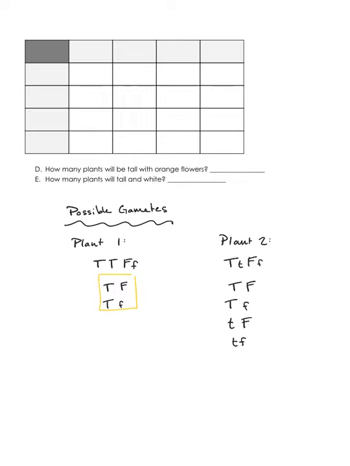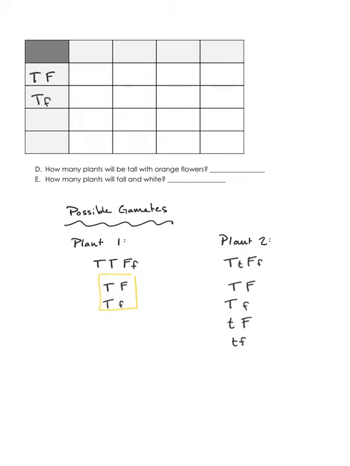And then the other parent is heterozygous for both traits. So they're going to have 4 gametes. They're going to have capital T, capital F, or capital T, small f, lowercase t, capital F, and lowercase t, lowercase f. So then we're going to put all of these genotypes on our Punnett square. I'm going to put plant 1 on the side, capital T, capital F, and capital T, lowercase f.